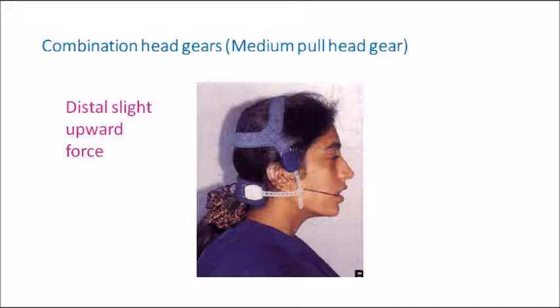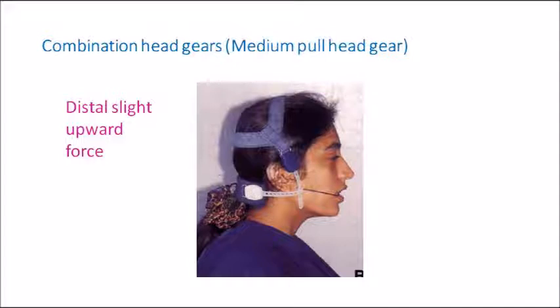When the forces exerted by both the occipital and cervical regions are equal in magnitude, the net effect will be a distal and slight upward force. So if the forces exerted by both the cervical and occipital components are taken into consideration, the net result will be a force which is slightly distal and upward.